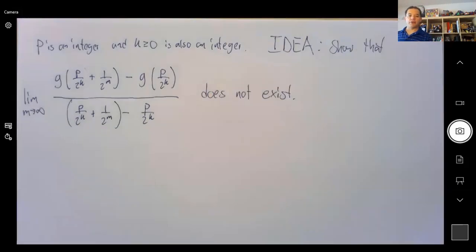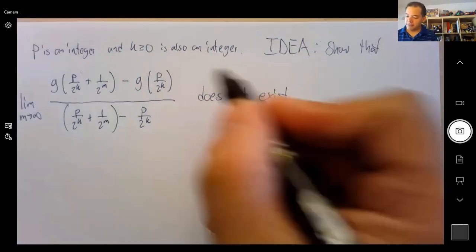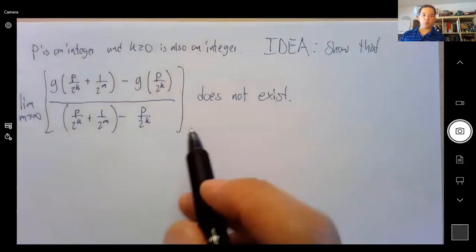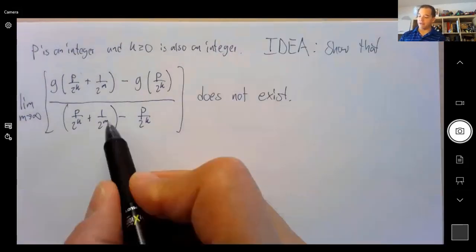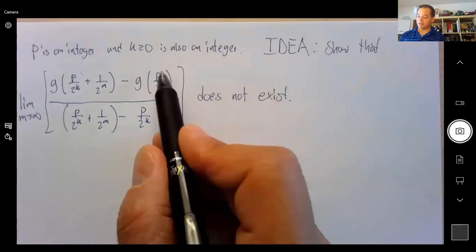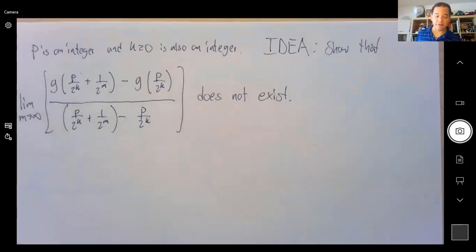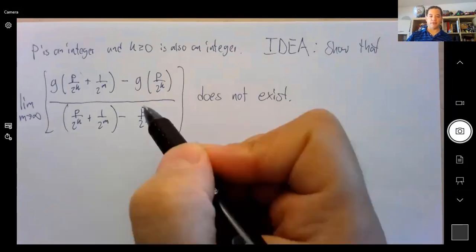That's what we want to do. Now remember, there's a lot of letters here, but there's only one variable. The variable is the m. So p and 2 to the k are fixed, okay? So it's not going to be difficult. We just need to evaluate these numbers. That's the only difficulty.